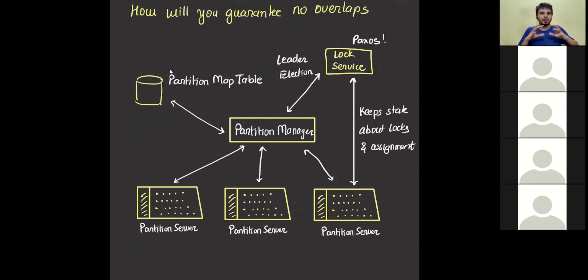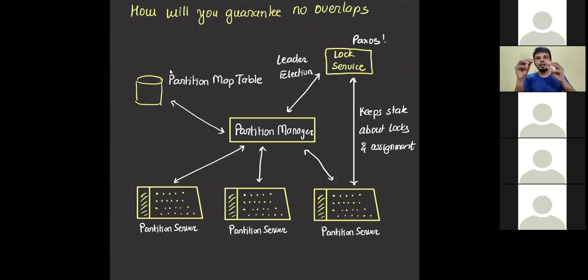Now all the partition servers will trigger an election algorithm, each saying, I want to own this partition, but there should be just one partition server that gets that ownership, right? This is exactly where the lock service comes into the picture, whose job is to ensure that only one owns it.